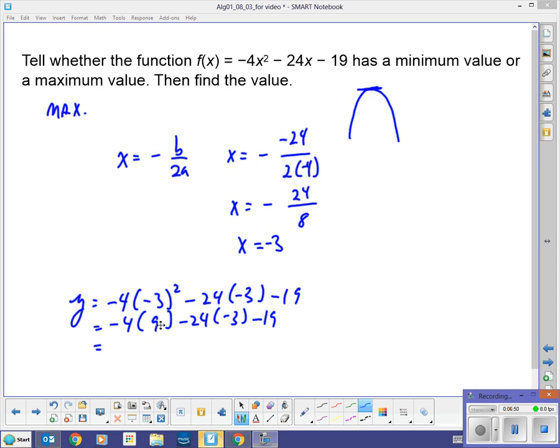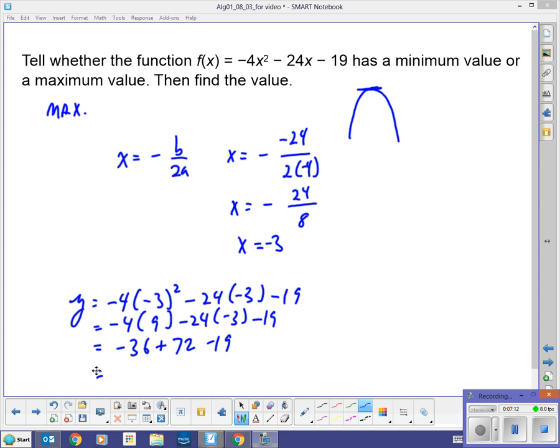Okay, so multiplying this is negative 36. And this is a positive 24 times 3, I think it's 72. That's going to be a positive 72 minus 19.